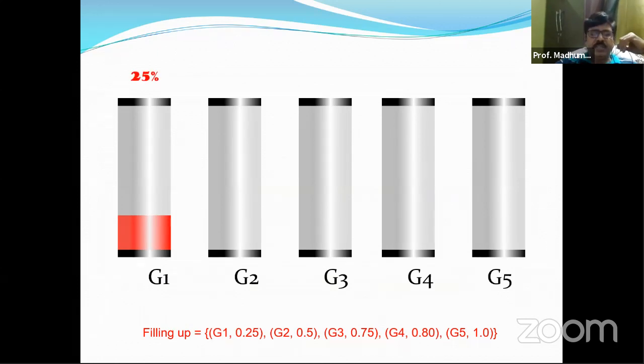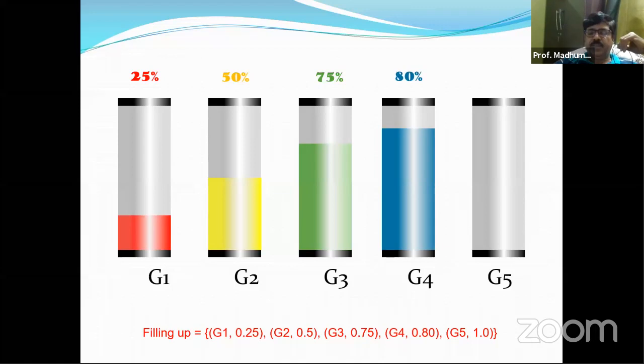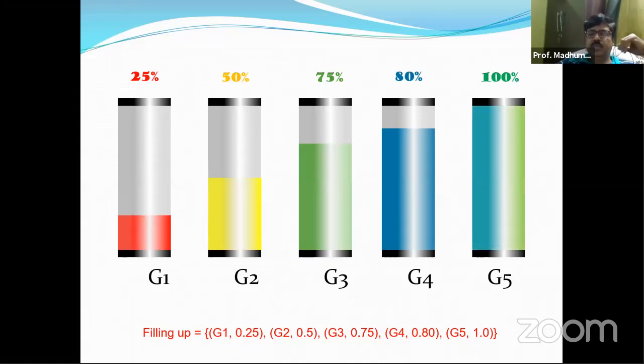So we can say that the glass G1 is filled 25% of its full length, or we can say that the glass is not filled 75% of the entire amount. Similarly, G2 is filled 50%, G3 is filled 75%, G4 is filled 80%, and G5 is filled with the liquid 100%. This is 100% filled up.